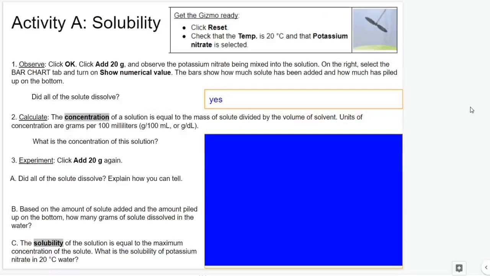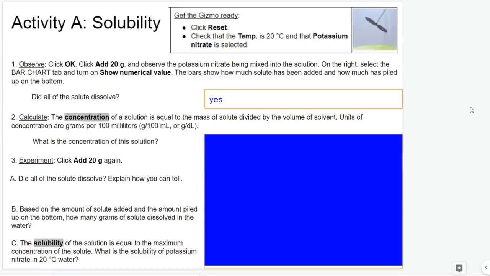Next, we calculated the concentration. One way to find the calculation is to divide the mass of the solute by the volume of the solvent. So the units of concentration we were given here were grams per 100 milliliters. You can write that as g divided by 100 mL, or as grams per deciliter, as g divided by dL.